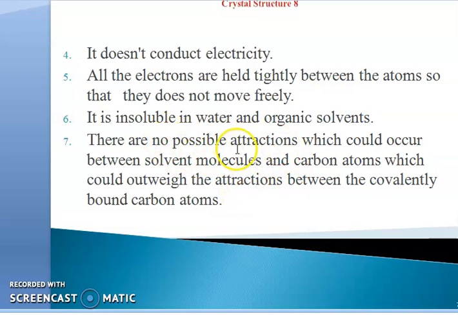So there is no possible attraction, that's why it becomes very hard. High covalent bonds are there. So these are the various physical properties of a diamond.